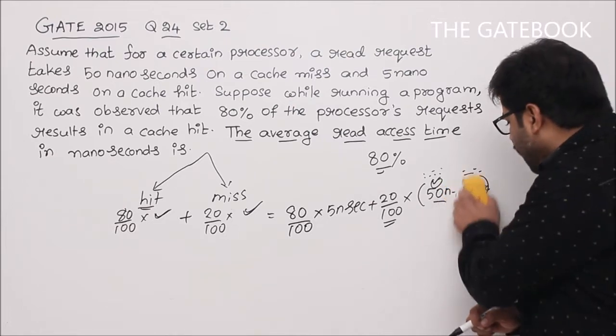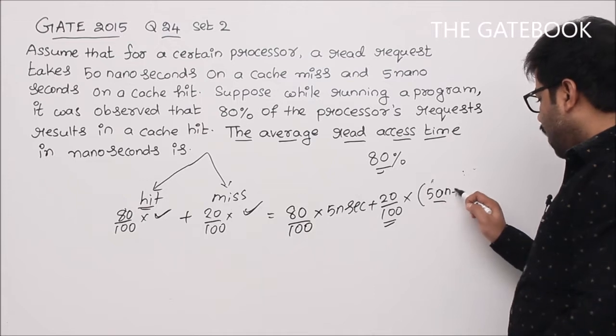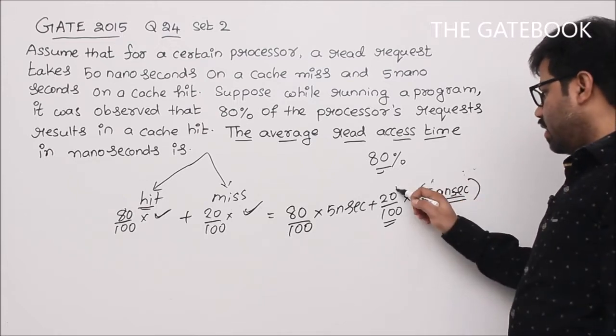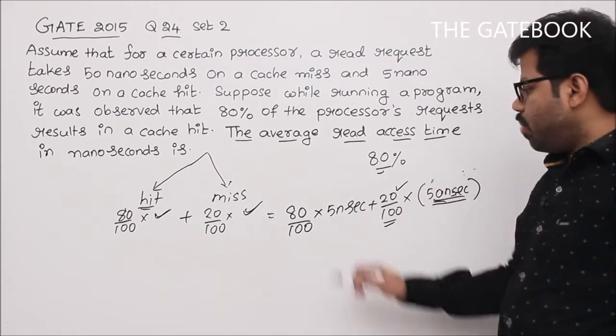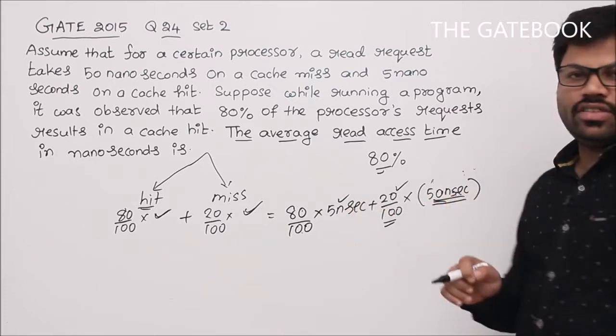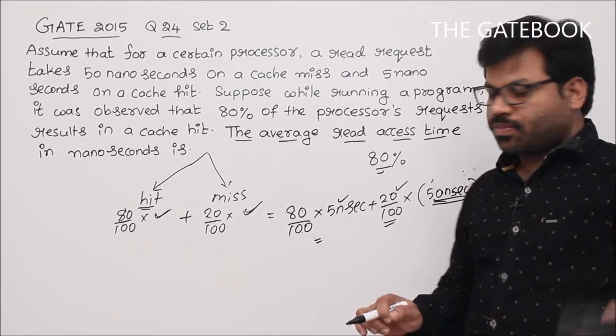They have clearly mentioned that this entire 50 nanoseconds is the total amount required to fetch the data when there is a cache miss. So we don't need to do anything else: simply take 80% of the time 5 nanoseconds and 20% of the time 50 nanoseconds. Then you don't need to apply that process.